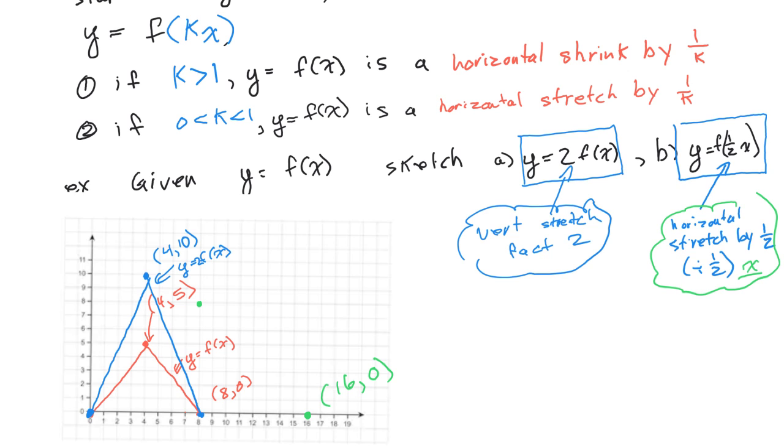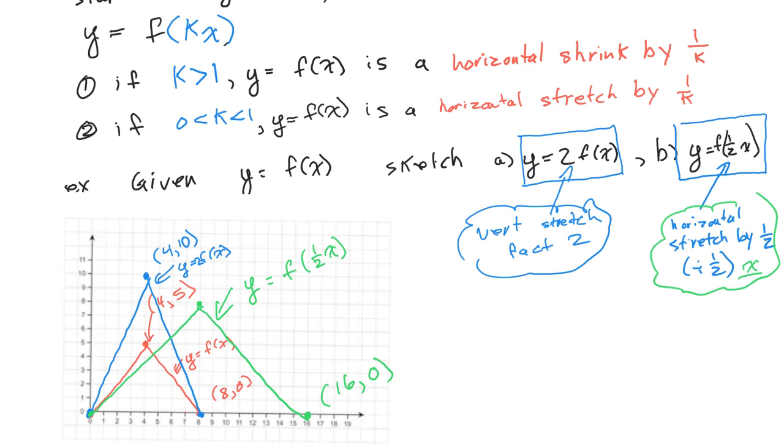And then finally 0, 0 stays the same. So now there is our new graph. So that means that this is y is equal to f of 1/2 of x.